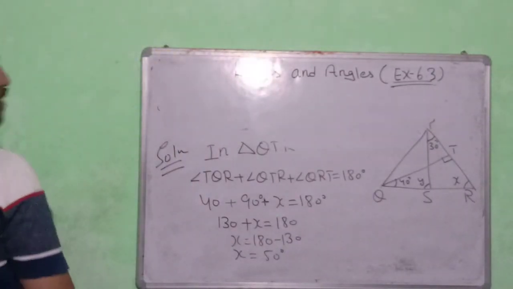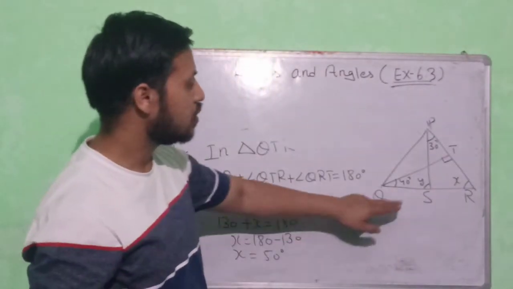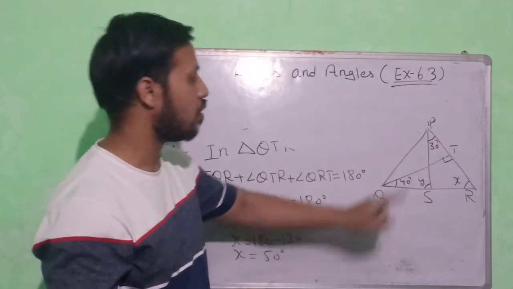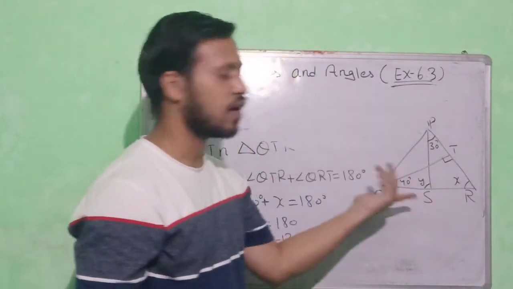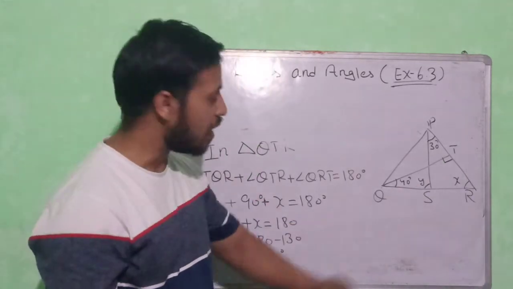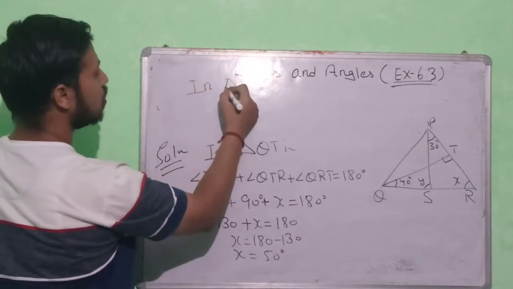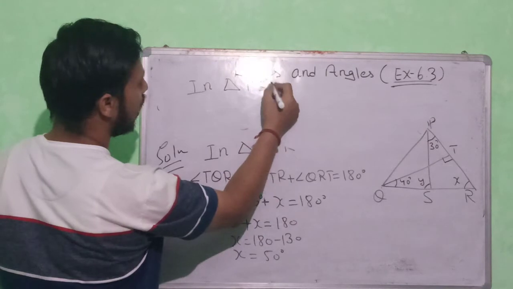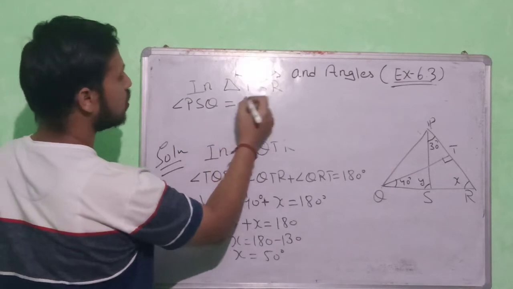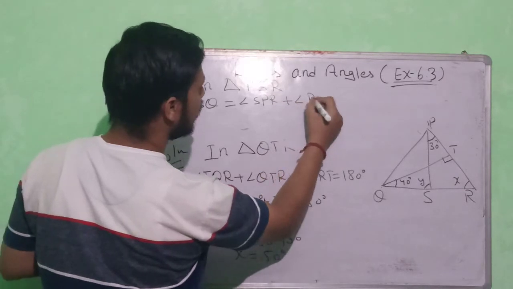Now student, as you can see, this y is the exterior part of this triangle PSR or PRS. We can name it in any way. This is the exterior part and we know the values of the other angles. We can say that in triangle PSR, angle PSQ equals angle SPR plus angle PRS.